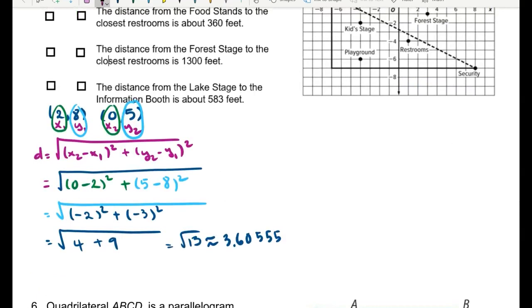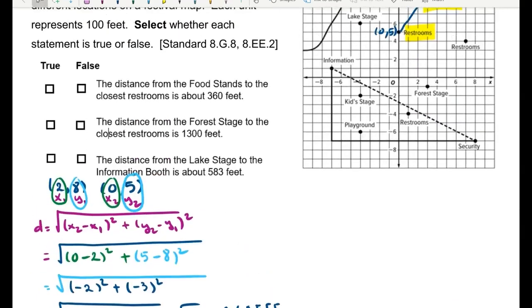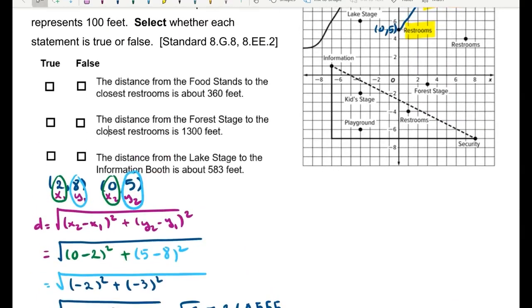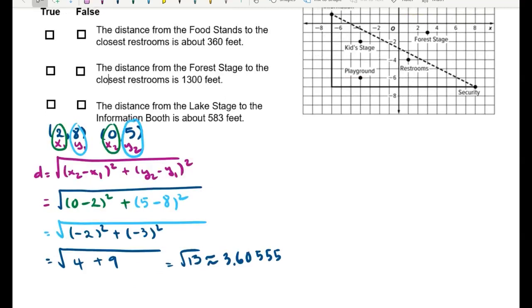Since each unit represents 100 feet, we multiply this by 100. So 3.60 times 100, you just move the decimal point 2 places. That will be 360 feet. It's about 360 feet, so this is a true statement.